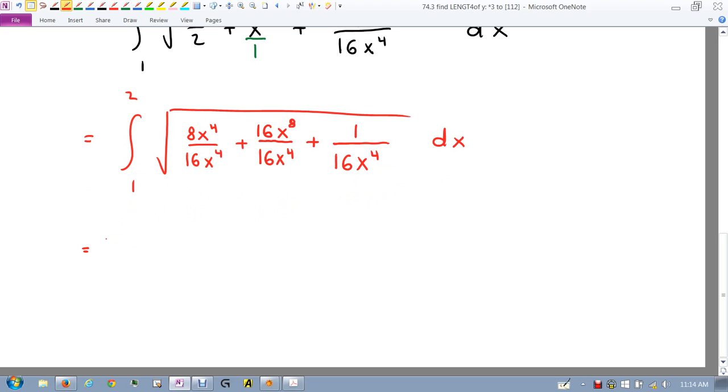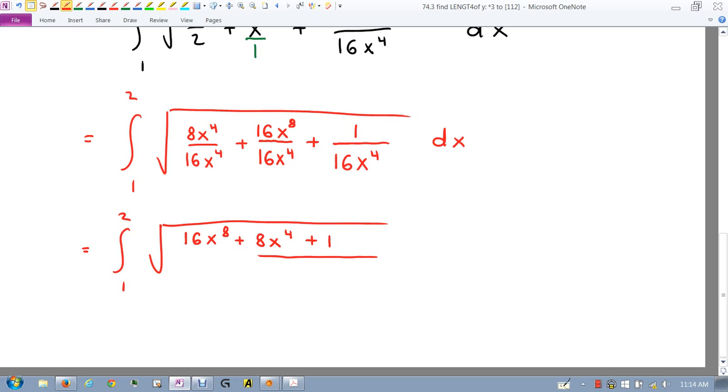Since they all have the same denominator, I can combine them together, and watch what I'm going to do on top. I'm just going to put it in descending order. And then my denominator is 16x to the fourth dx. Anybody recognize anything here?